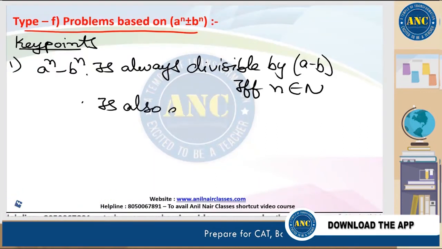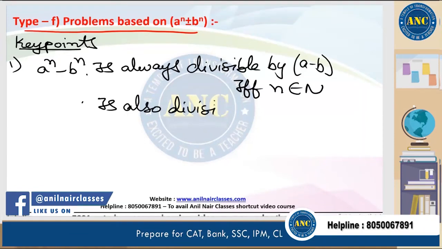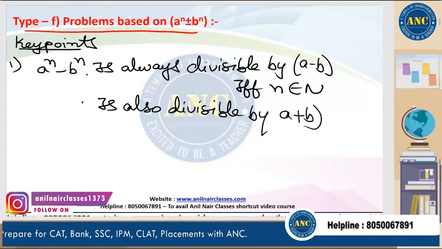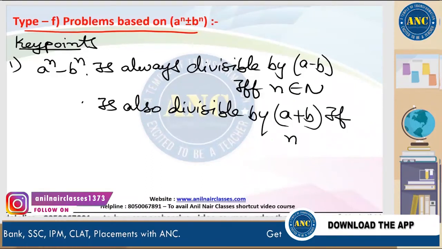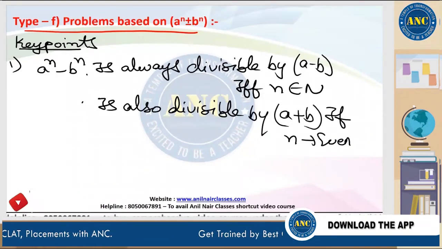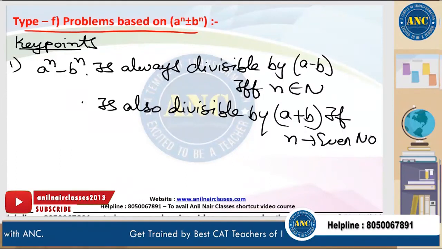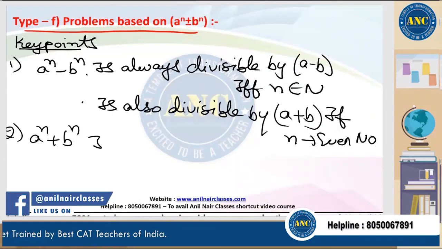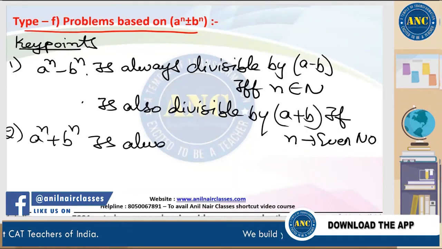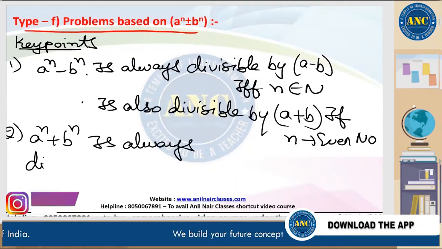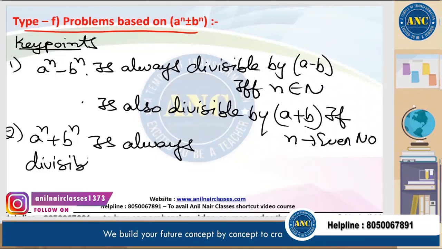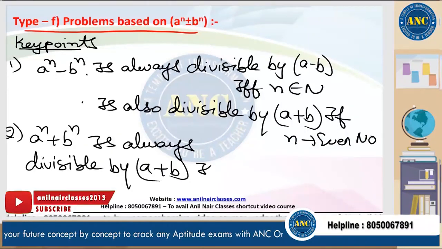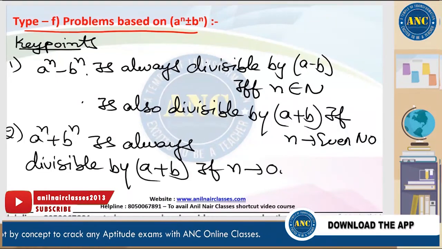It is also divisible by a plus b if n is an even number. Second point, a power n plus b power n is always divisible by a plus b if n is an odd number.